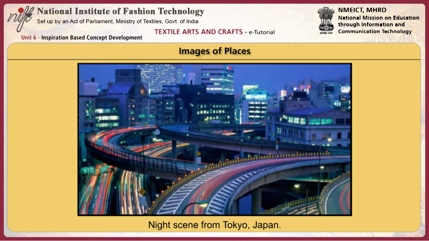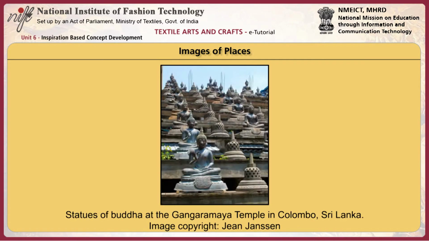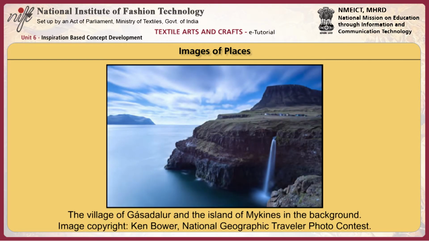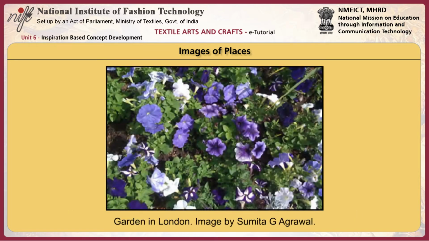A night scene from Tokyo, Japan. These are the statues of Buddha at the Gangaramaya temple in Colombo, Sri Lanka. This is the village of Gasadalur and the island of Mykonos in the background. This picture is of a garden in London.